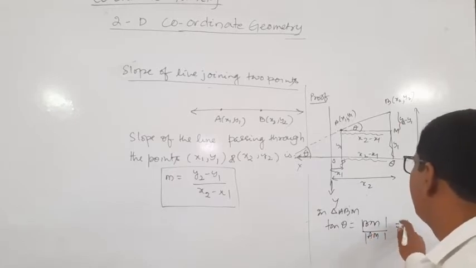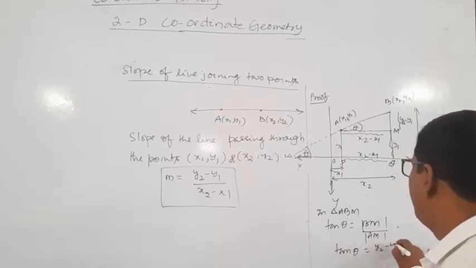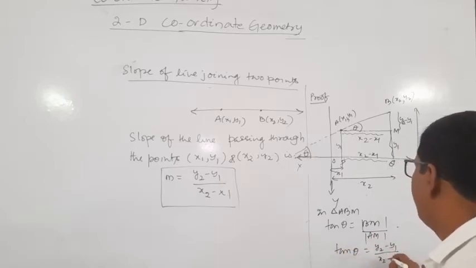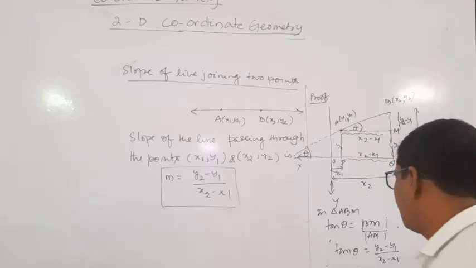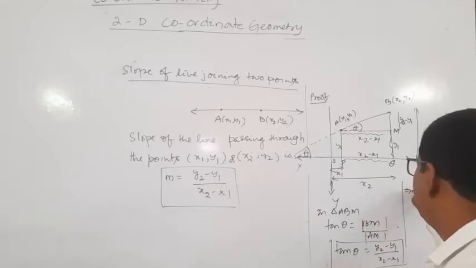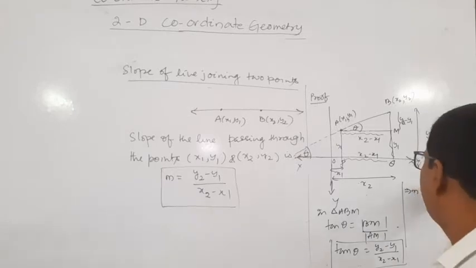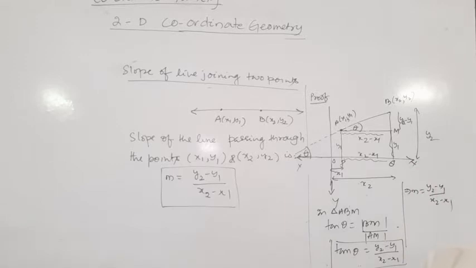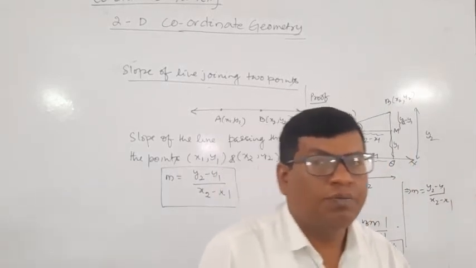BM means y2 minus y1 divided by x2 minus x1. So tan theta is m, that implies m equal to y2 minus y1 divided by x2 minus x1. This is the proof of the slope formula.